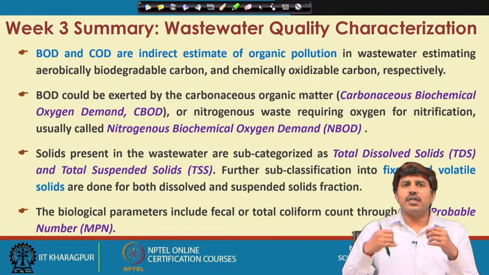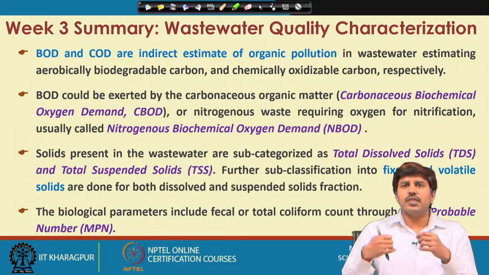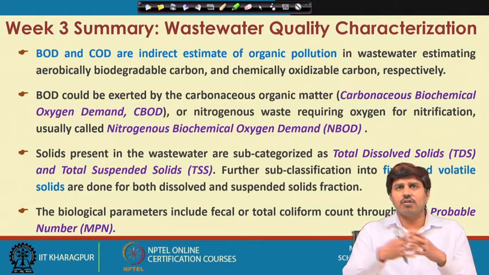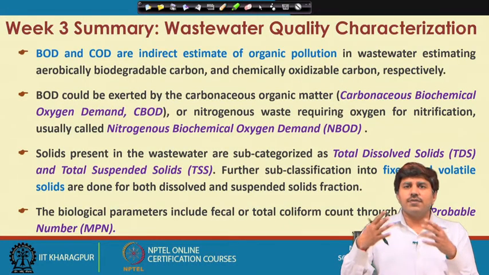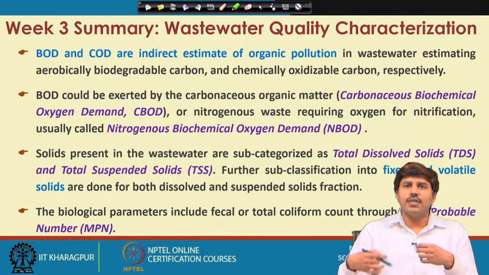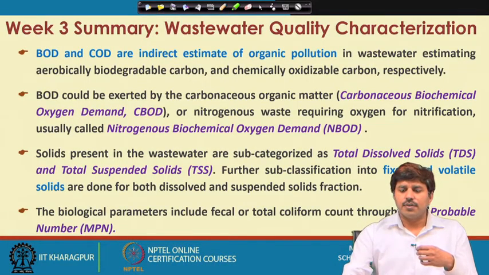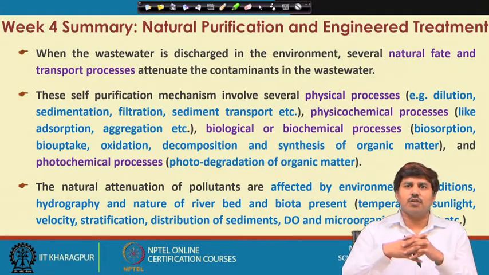So, we can have volatile suspended solids, volatile dissolved solids, and similarly fixed suspended solids and fixed dissolved solids. Then the biological characteristics include the total coliform or fecal coliform count, which is usually estimated through MPN, the most probable number. So, those were the discussions centered around the quality characteristics of the wastewater.